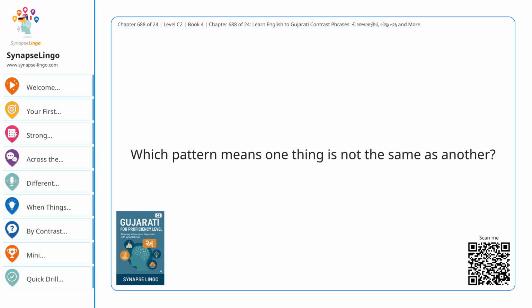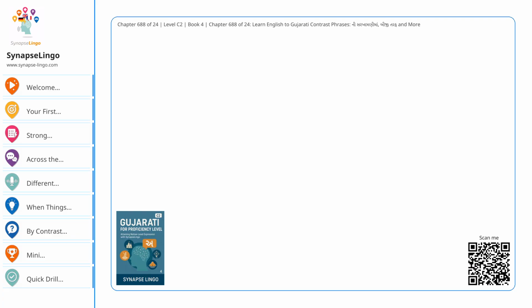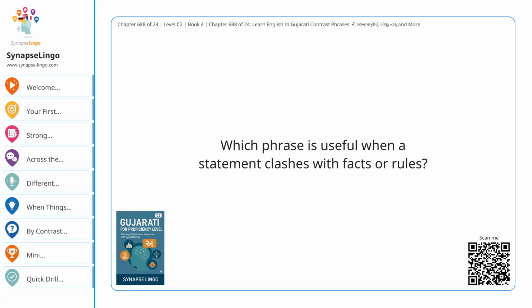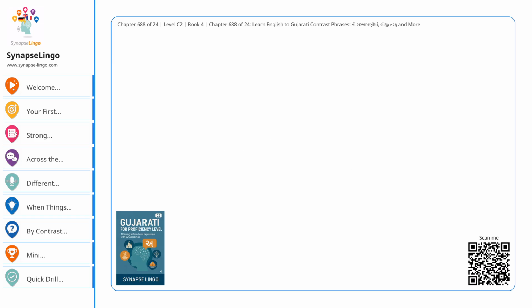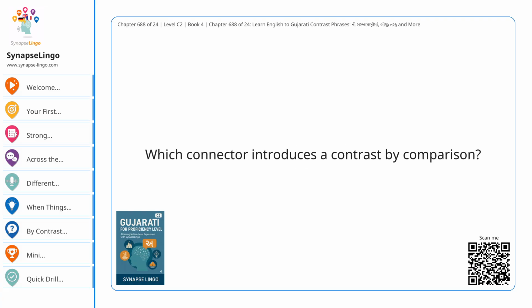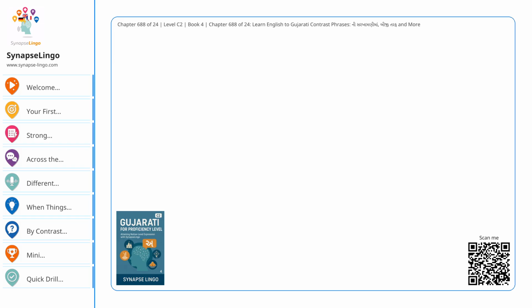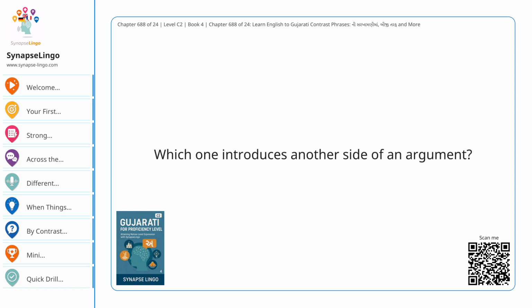Which pattern means one thing is not the same as another? થી અલગ. Which phrase is useful when a statement clashes with facts or rules? ના વિરોધમાં. Which connector introduces a contrast by comparison? તેની સરખામણીએ.